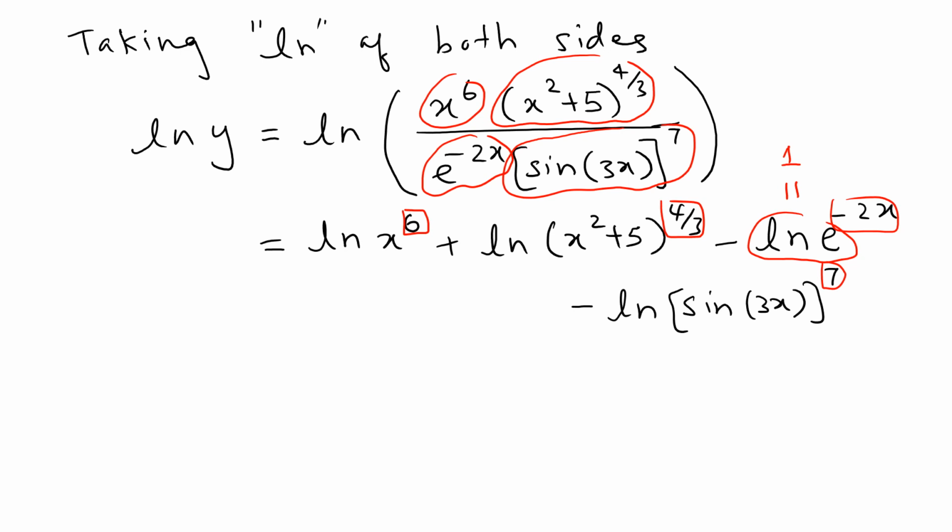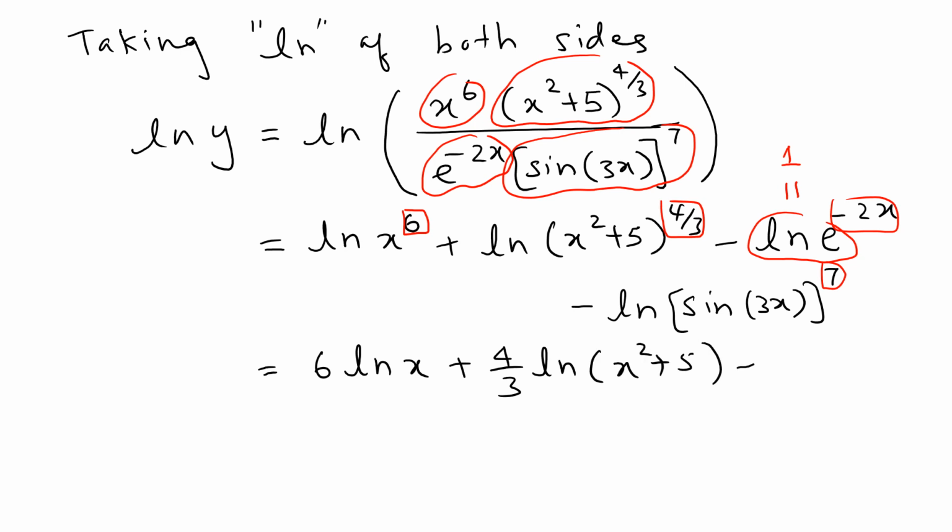But before that, what will happen? The power comes out. Using the third result, this is going to be 6 ln x. The next one is going to be 4 thirds ln of x squared plus 5.